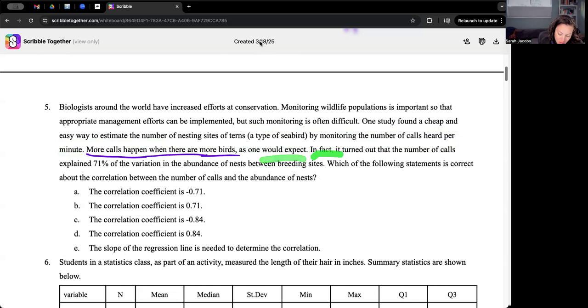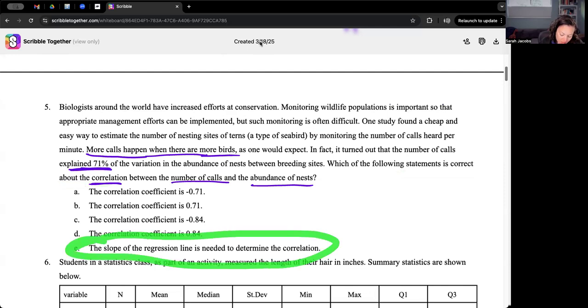In fact, it turned out that the number of calls explained 71% of the variation in the abundance of nests between breeding sites. Which of the following statements is correct about the correlation between the number of calls and the abundance of nests? Okay. So, first things first.